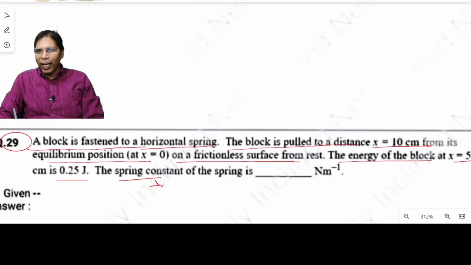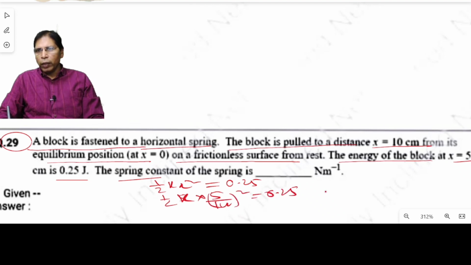Now look at this, half k x square equal to 0.25 joule. So look at this, half into k into 5 by 100 whole square is 0.25. So k equal to 0.5 into 400. Okay, so look at this, 200 Newton per meter is the value of k.